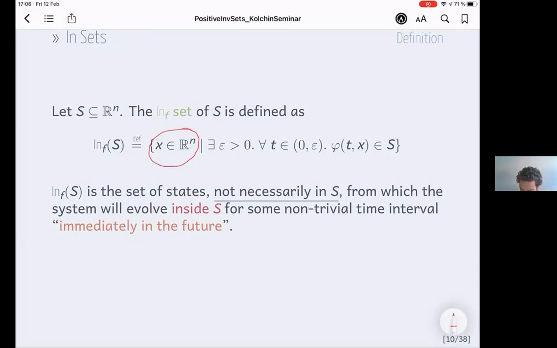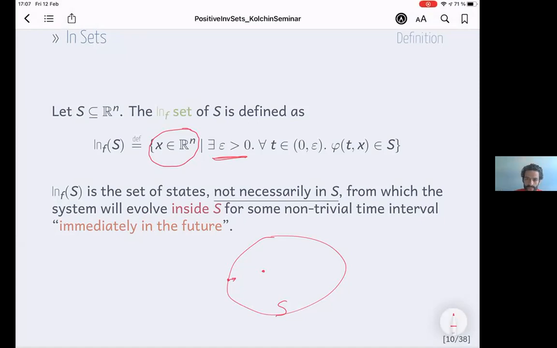Let me do it one more time. You have the potato here, again S, and a point inside S, or actually outside of S, but you might think that it could be on the boundary of S or in the closure of S. You take all those points for which there exists a positive epsilon such that for all t between 0 and epsilon, the flow is within S. So you have a small interval for which the flow remains inside of S. This definition of inf captures the idea of the immediate next future.